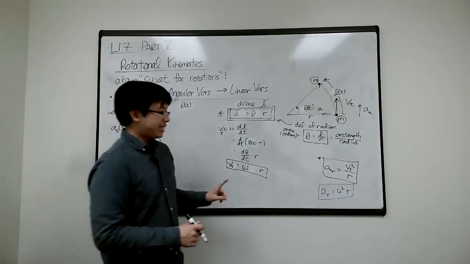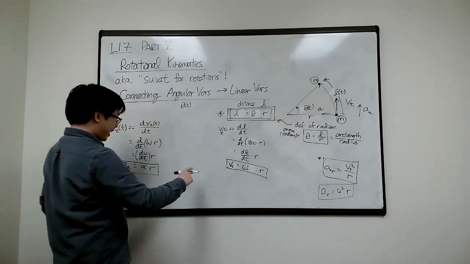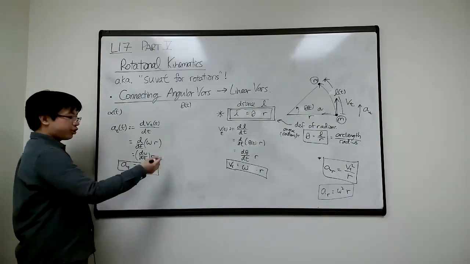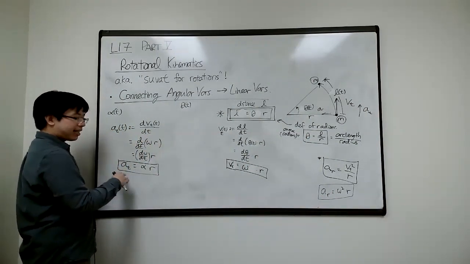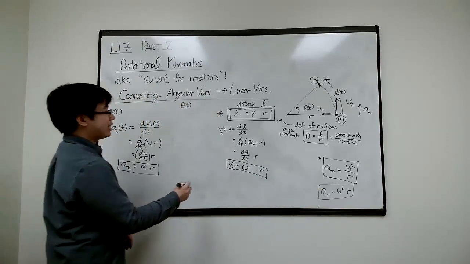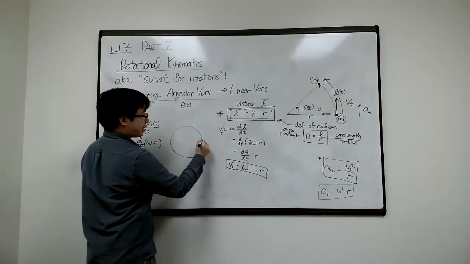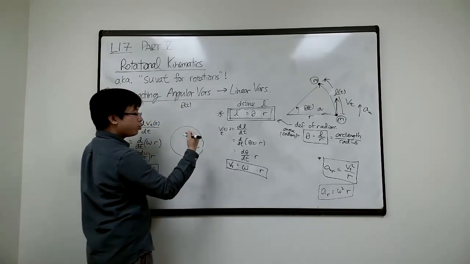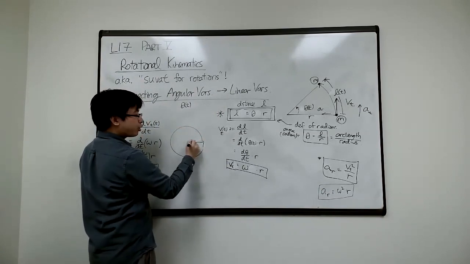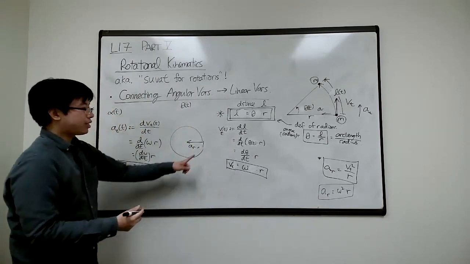But if you try to memorize this, the big mistake I always see is students were given a tangential acceleration and they plug it in this formula. So understand one more time, for uniform circular motion, there's only a centripetal acceleration. So it's only going here.